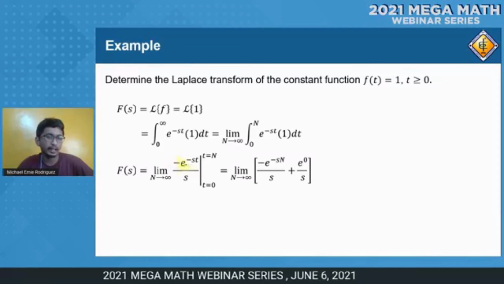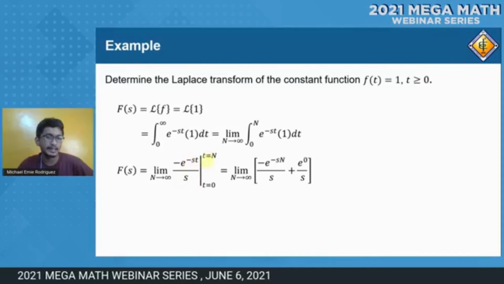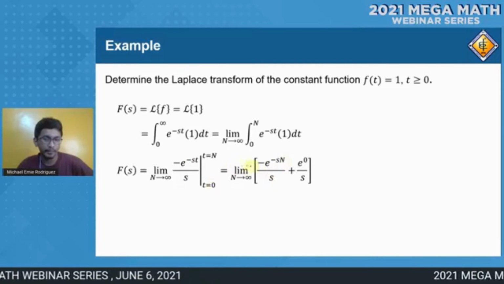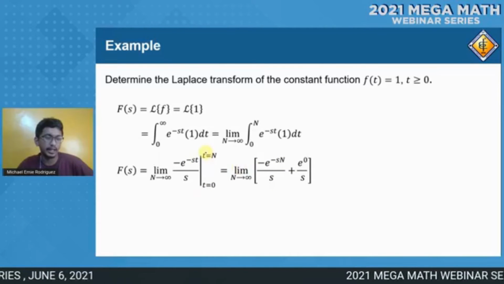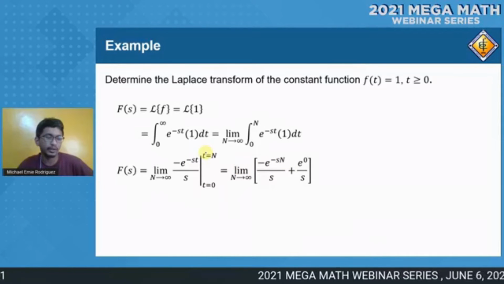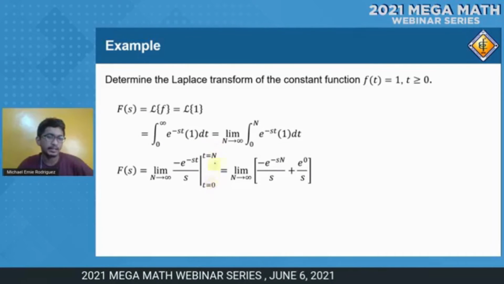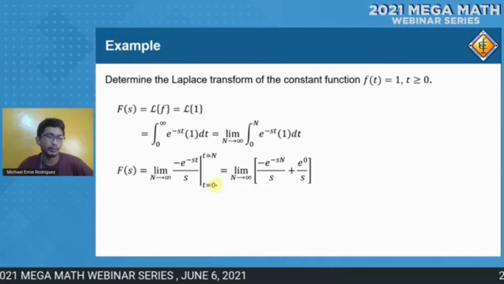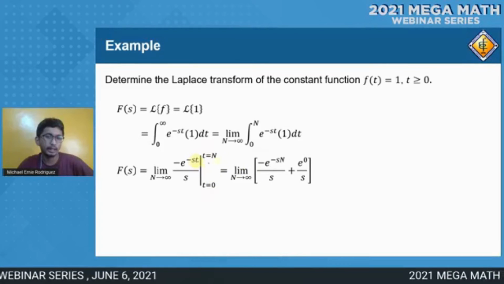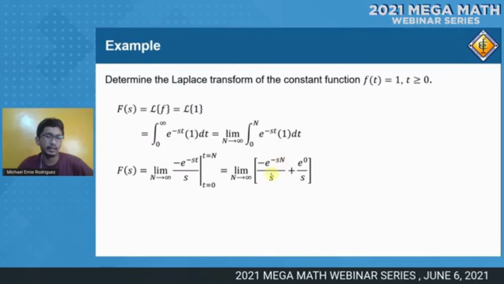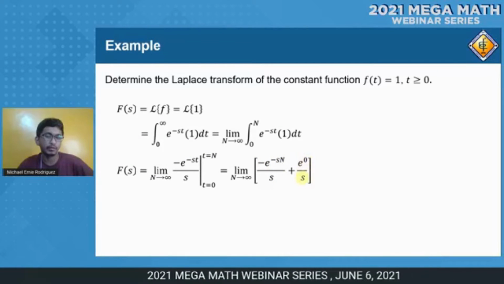So we have integral, so we have negative e raised to negative st over s. Okay? And then applying the rule sa definite integrals, we have the upper limit minus the lower limit. So substitute natin. So we have negative e raised to negative sn over s plus e raised to 0 over s.